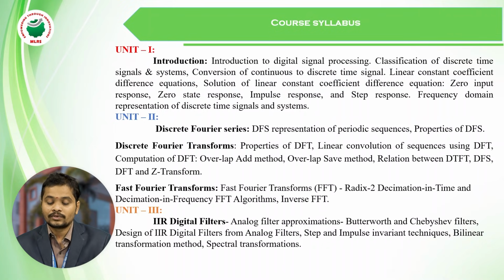Every signal is in analog form, but to process a signal digitally, it has to be in digital format. So we have to convert the continuous signal to a discrete signal, and this is possible using the sampling theorem, that is, conversion of continuous to discrete signals.